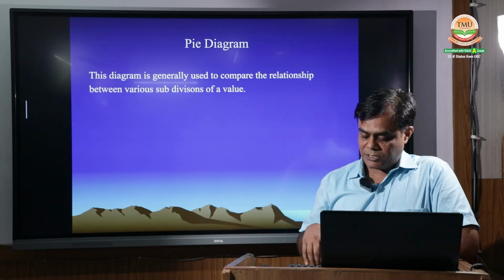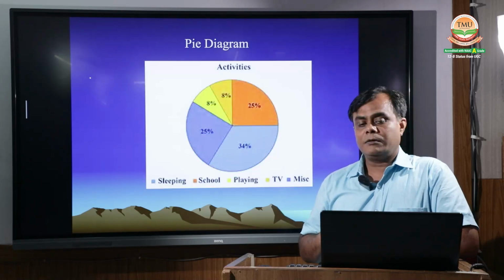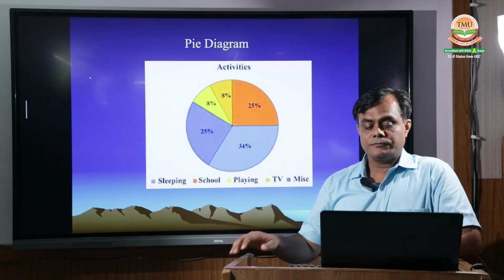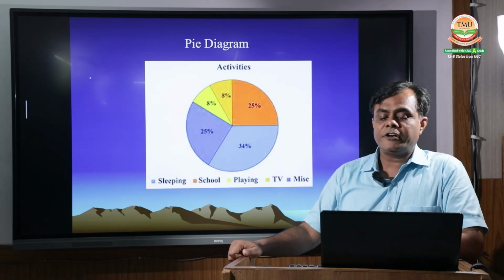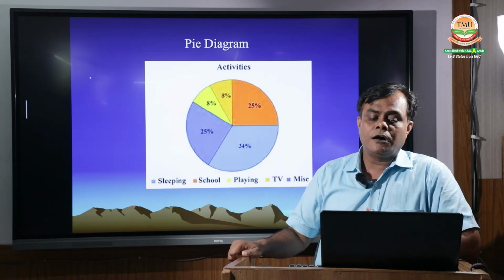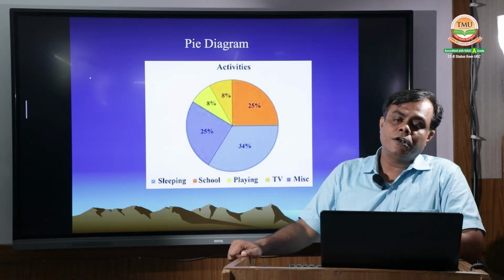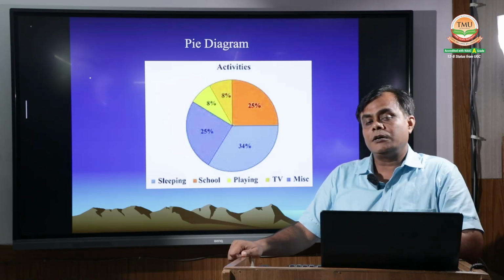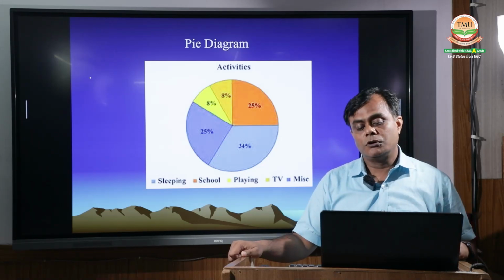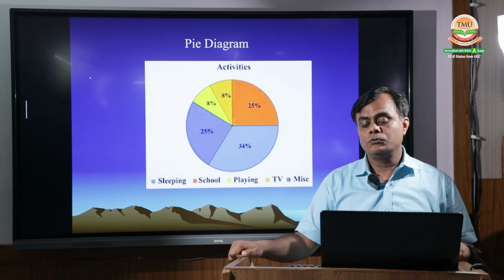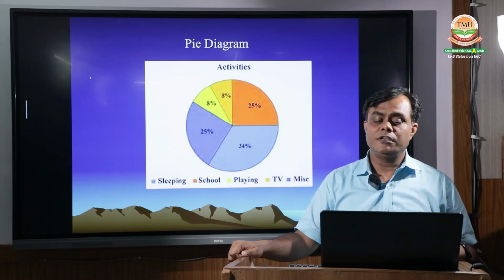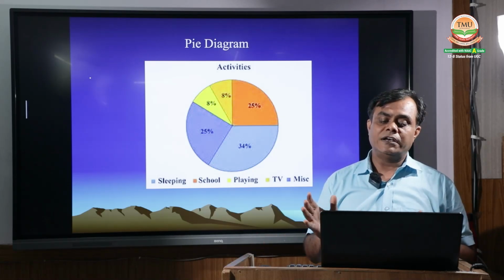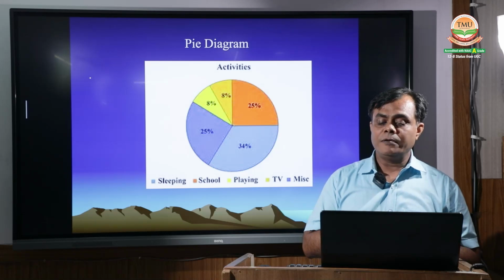So here you can see in the pie diagram figure there are different activities, the daily activity of any person, as an illustration: sleeping, school, playing, TV, miscellaneous. So that activity is divided into 5 parts.